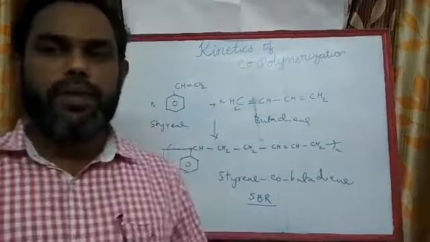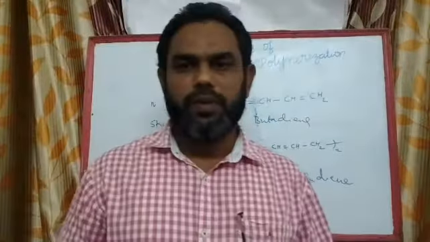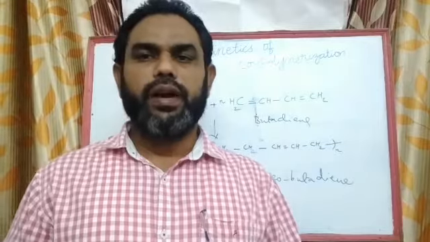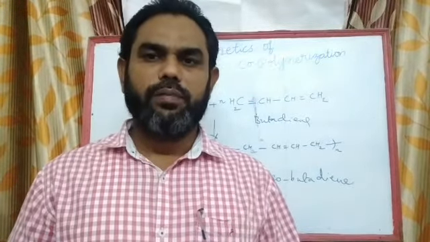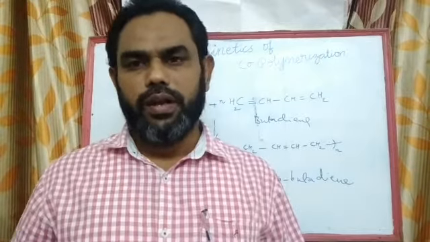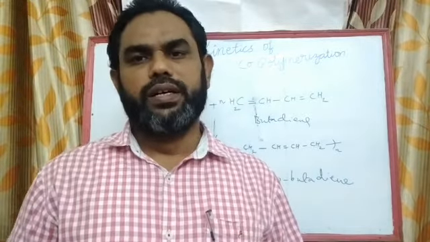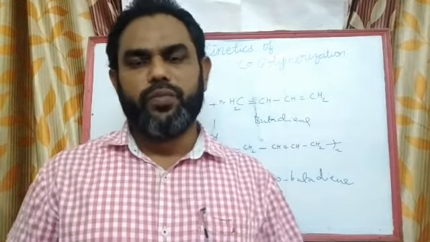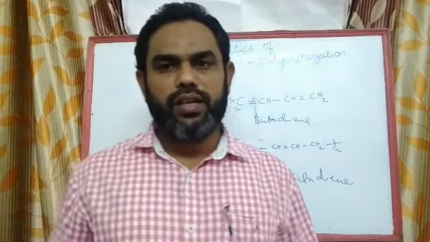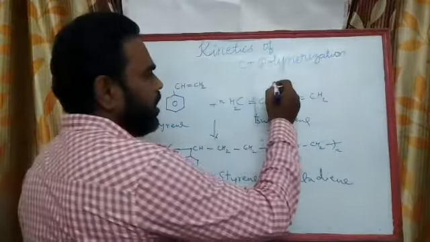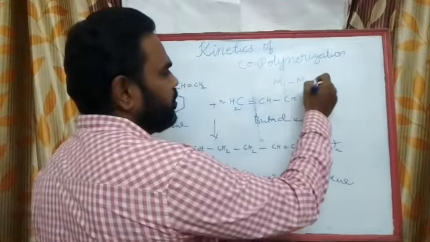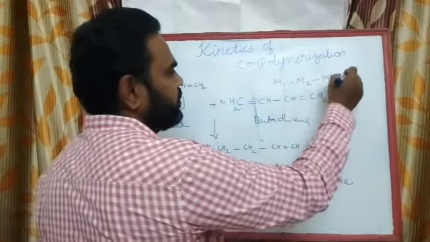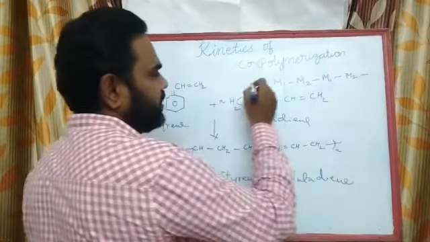Likewise, there can be many copolymers: polyvinyl chloride co-vinyl acetate, polymethyl methacrylate co-methacrylate. In all these cases, more than one monomer is present.